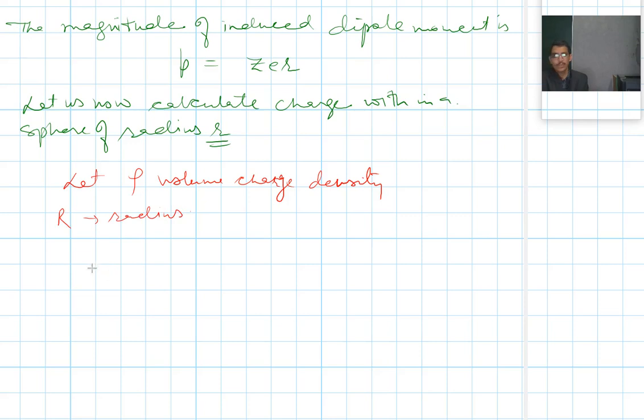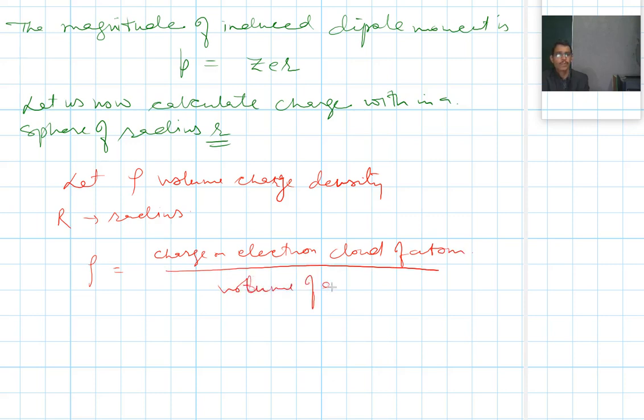So that means this volume charge density is basically the charge on the electron cloud of the atom divided by the volume of the atom, and this is nothing but minus Ze. It is the charge over the electron cloud, and its volume will be 4 pi by 3 R cube. This is the volume of it.